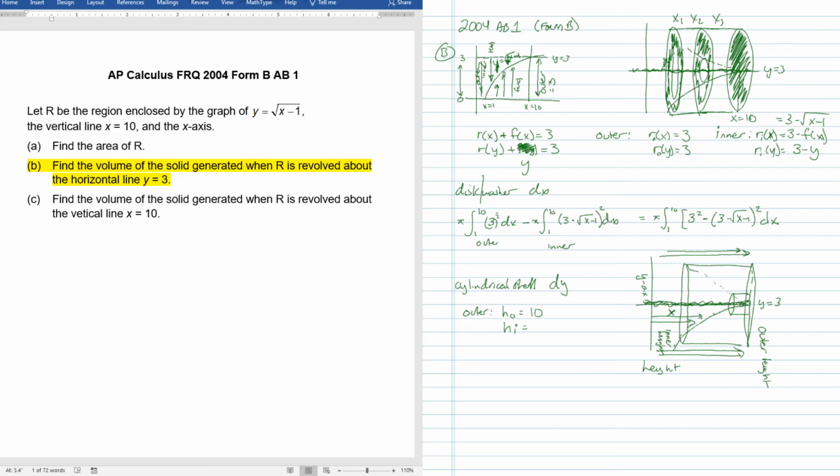So, I guess I'm going to have to figure out that if y equals the square root of x minus 1, and y squared equals x minus 1, then y squared plus 1 should also be a way to figure out my inner height. So this distance is going to be, oops, I said that wrong. Y squared plus 1 is going to equal x. This will be y squared plus 1.